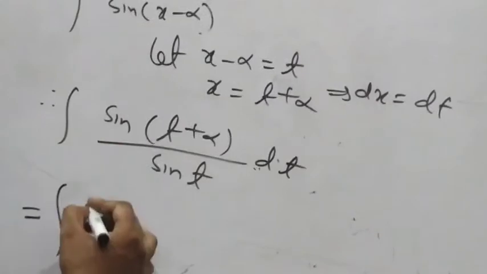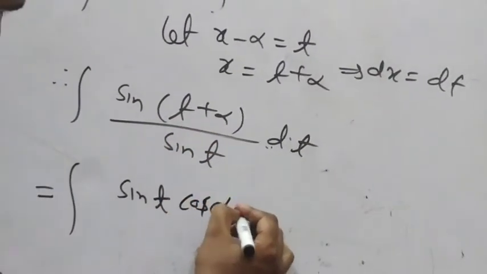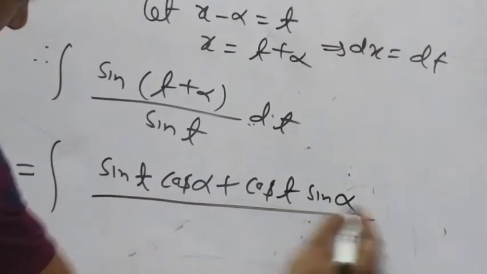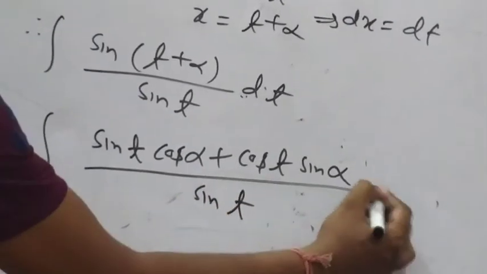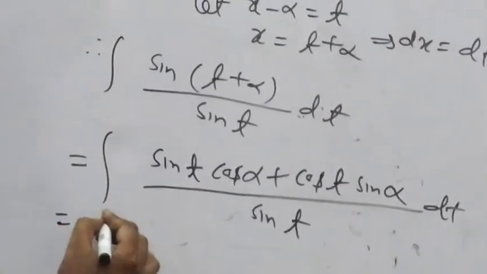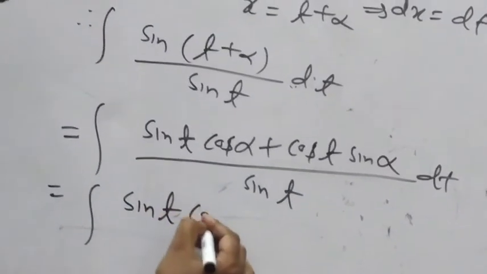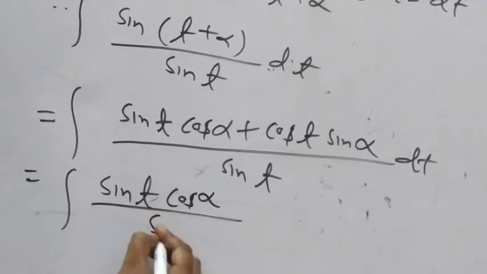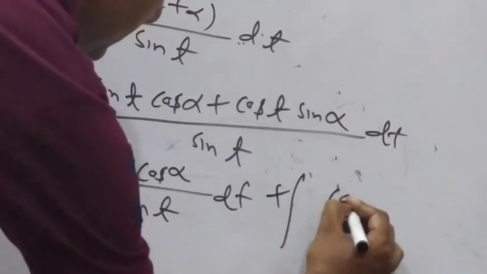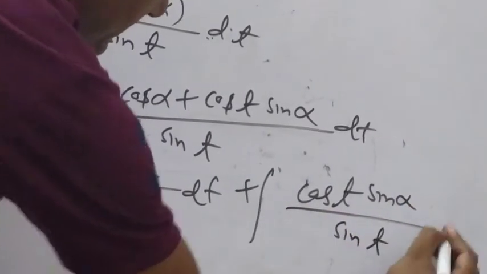Now sin of (a plus b) is sin a cos b plus cos a sin b, whole upon sin t dt. Understood? Then sin t cos alpha upon sin t dt plus cos t sin alpha upon sin t dt.